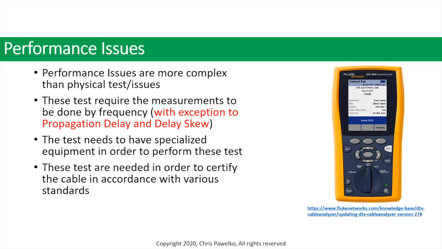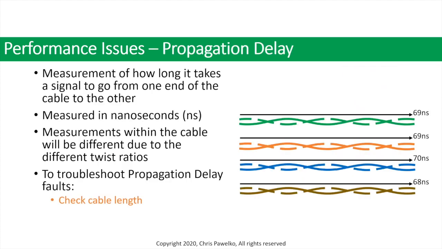Many of these testers are very expensive. These tests are also needed in order to certify the cable in accordance with various standards. Standards bodies such as the TIA require these particular testers and these particular tests to be performed in order to certify that cable to their specifications.